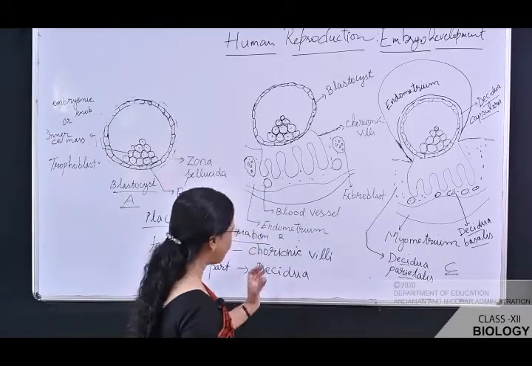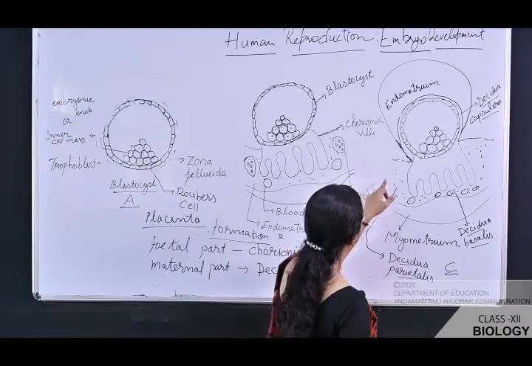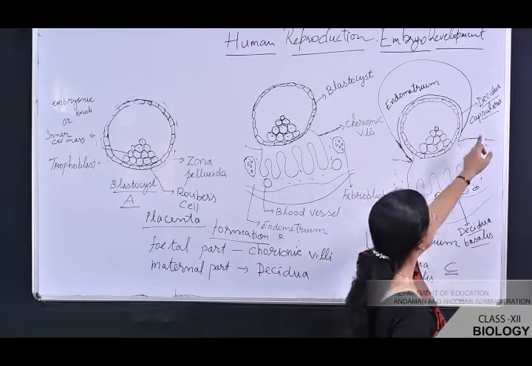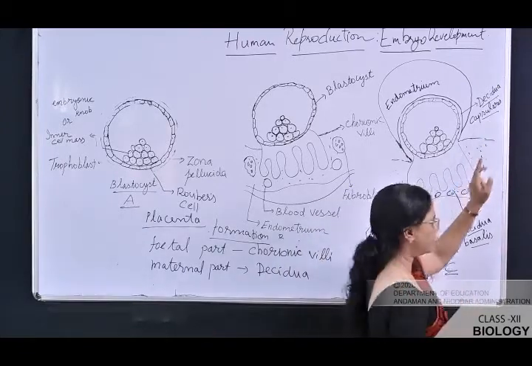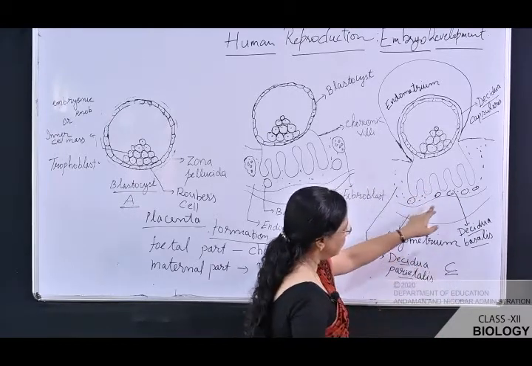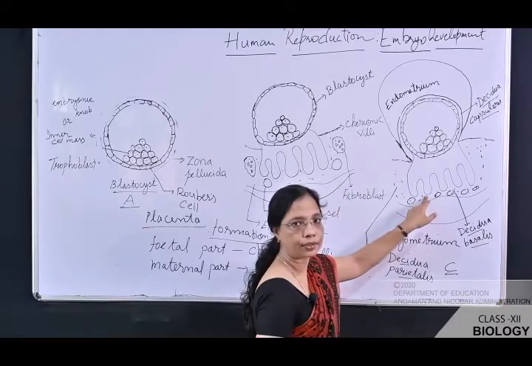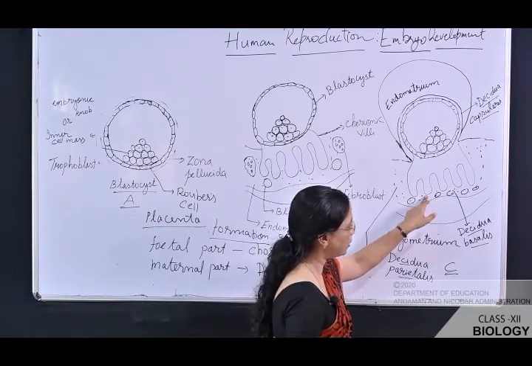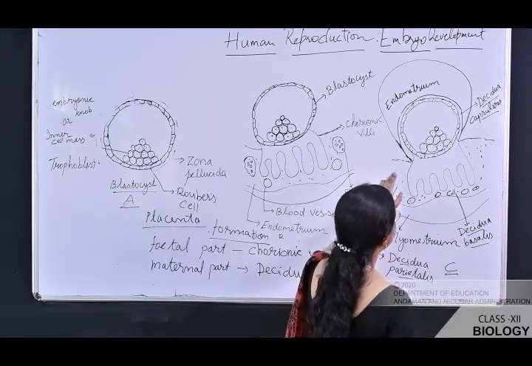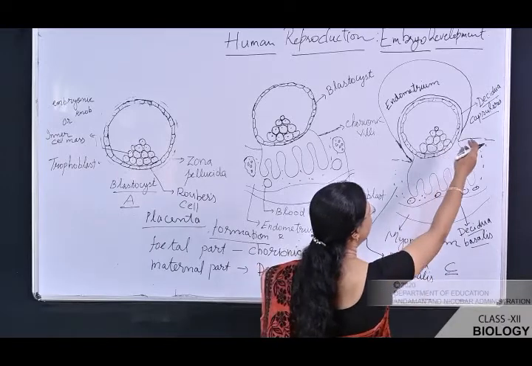There are three types of decidua: decidua parietalis, decidua basalis, and decidua capsularis. What is decidua basalis? The decidua basalis is placed at the base of the endometrium, above the myometrium. And decidua capsularis is an endometrial tissue.